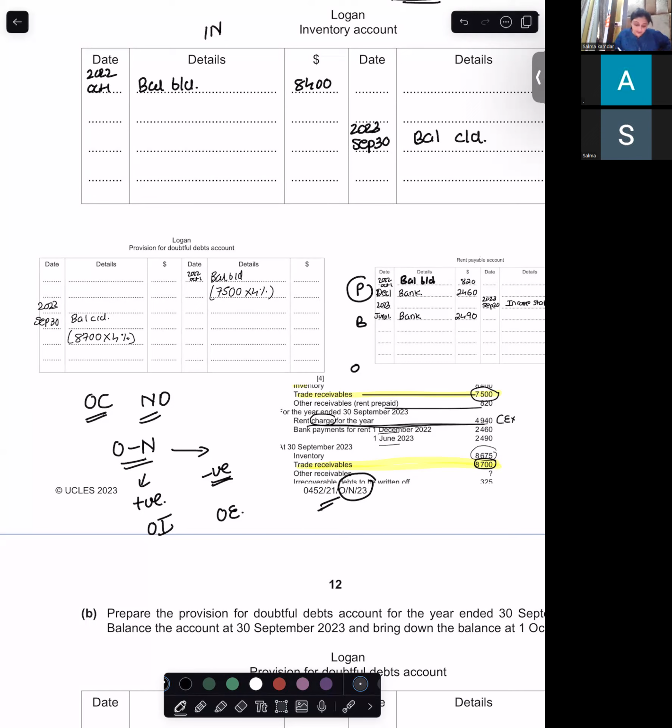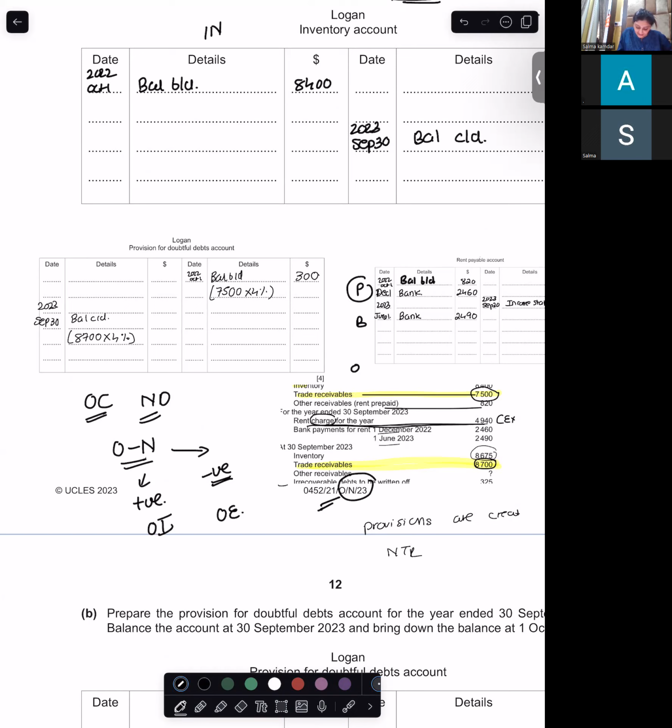So old provisions is how much? 300. New provisions is how much? 8,700. But you should always remember that provisions are created as a percentage of net trade receivables, NTR.